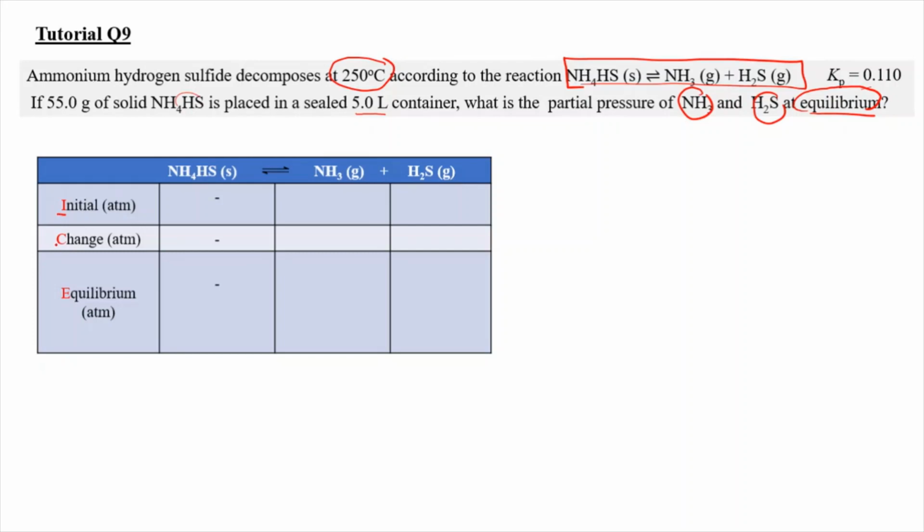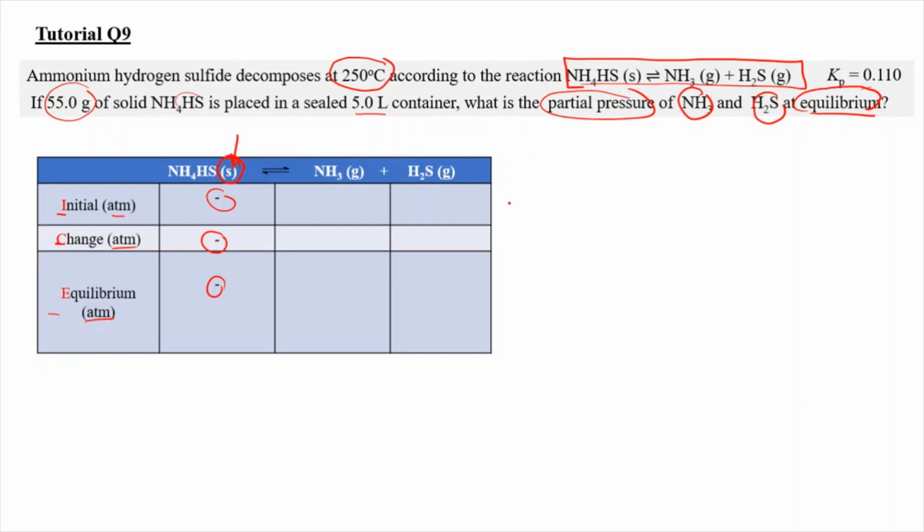So ICE, initial, change, equilibrium, and since we are talking about the partial pressure, then the unit here needs to be in atm. And for the NH4HS, even though the value is given, it is not going to be inserted into the ICE table because it is in the solid state. So for the solid state, we're just going to ignore, and usually we just put it with a dash here.